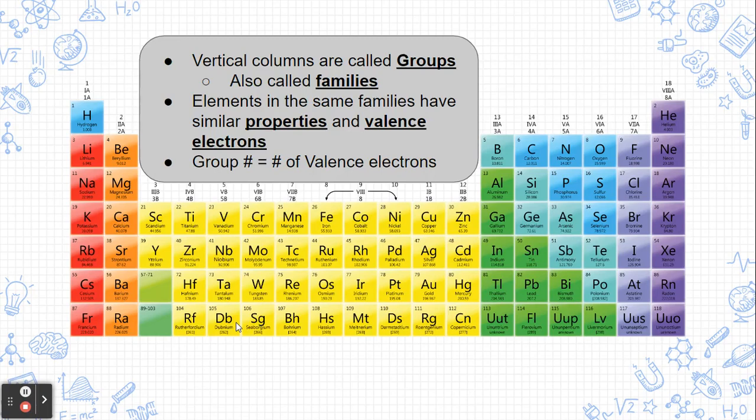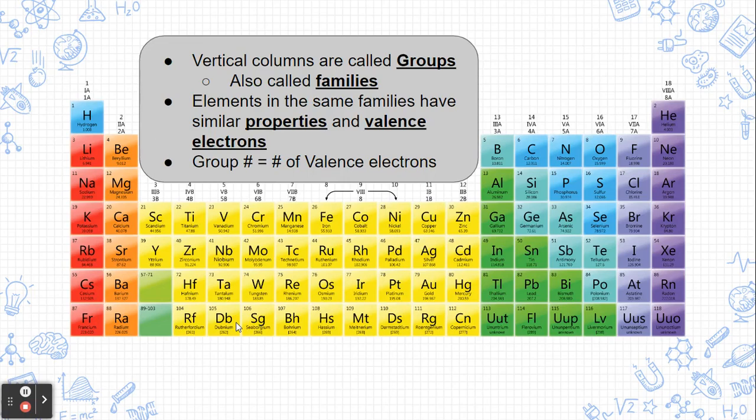If someone tells you this element is in group number 5, what am I also telling you? That element has 5 valence electrons. The group number is the same number as the electrons on the outside circle, without even sketching the Bohr Rutherford.